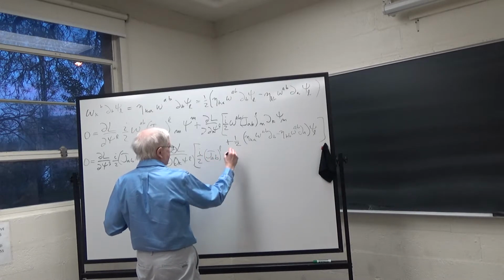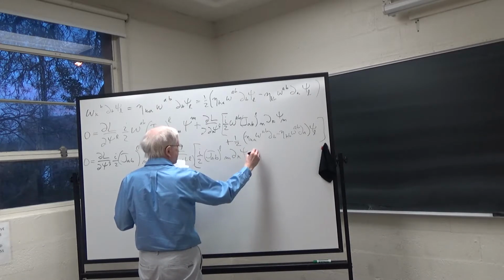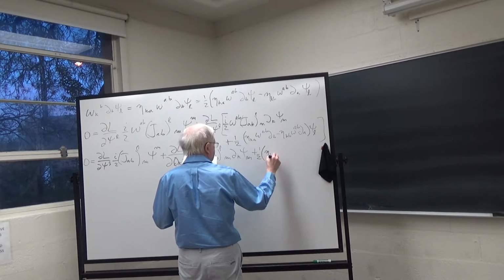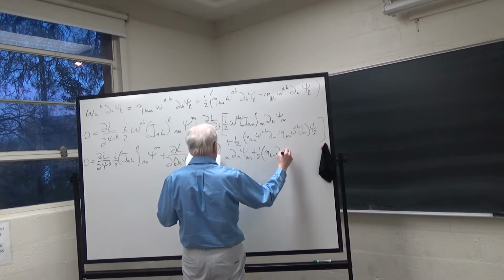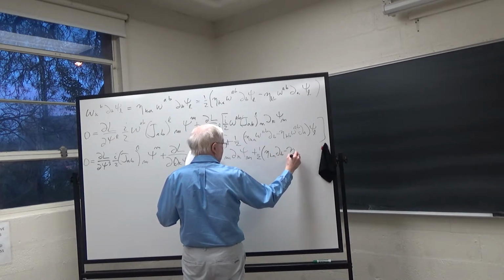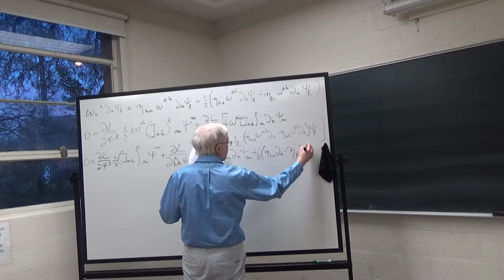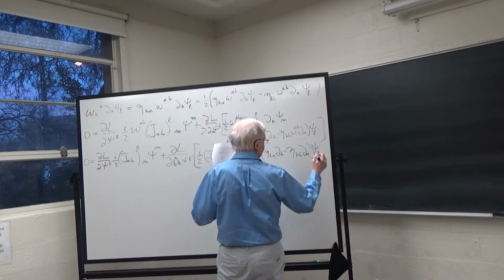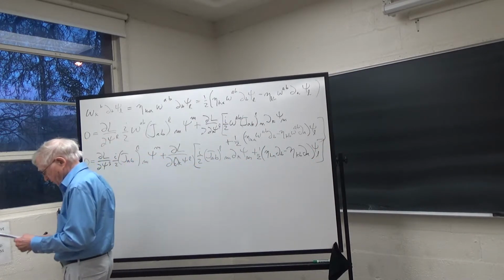Okay, so it's that partial K psi M, and then plus a half eta Ka dB minus eta Kb dA psi L. All right, so that's our expression.